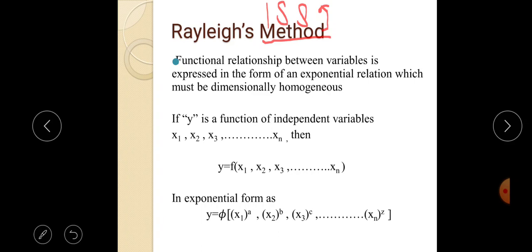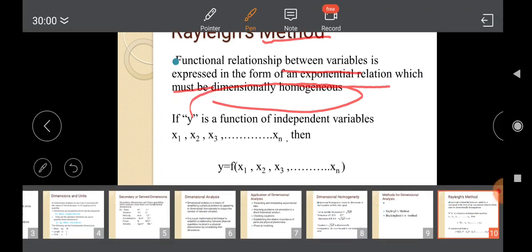In this method, a functional relationship is expressed in an exponential form which is dimensionally homogeneous. I am repeating again. As it is written over here also, the functional relationship between variables is expressed in the form of an exponential relation which must be dimensionally homogeneous.